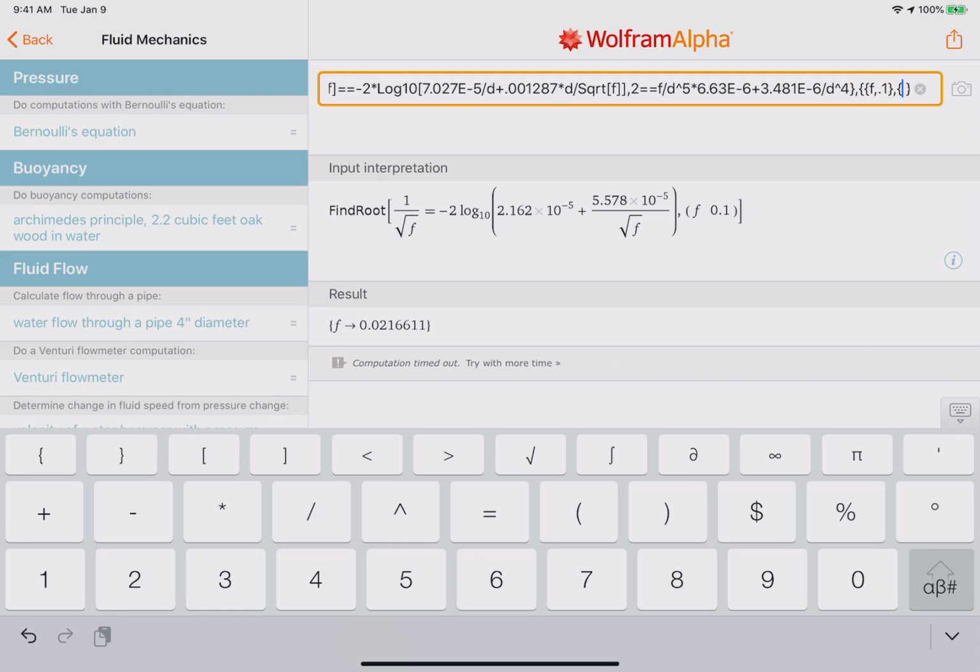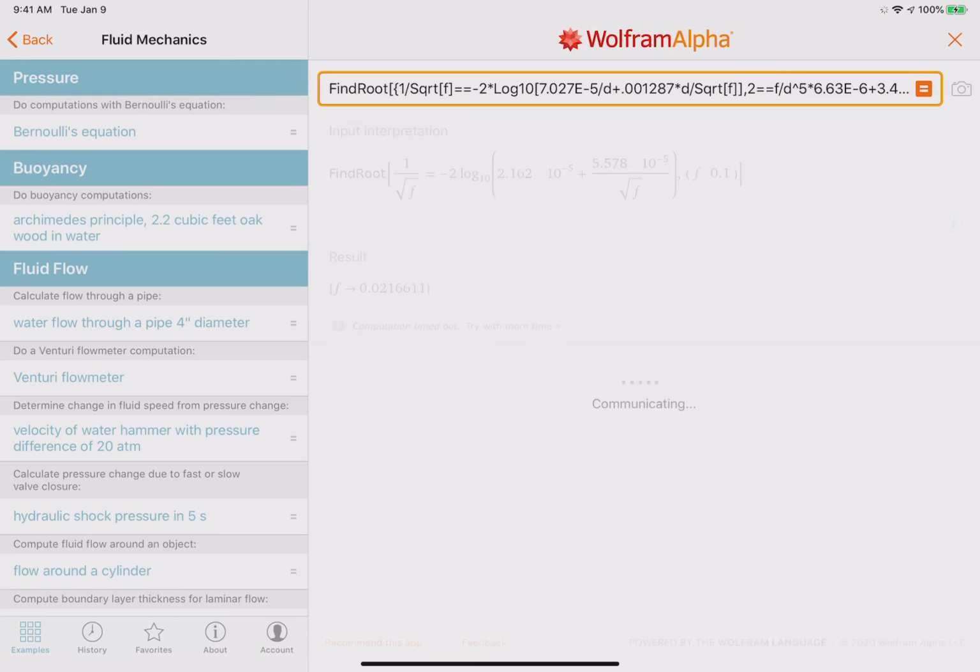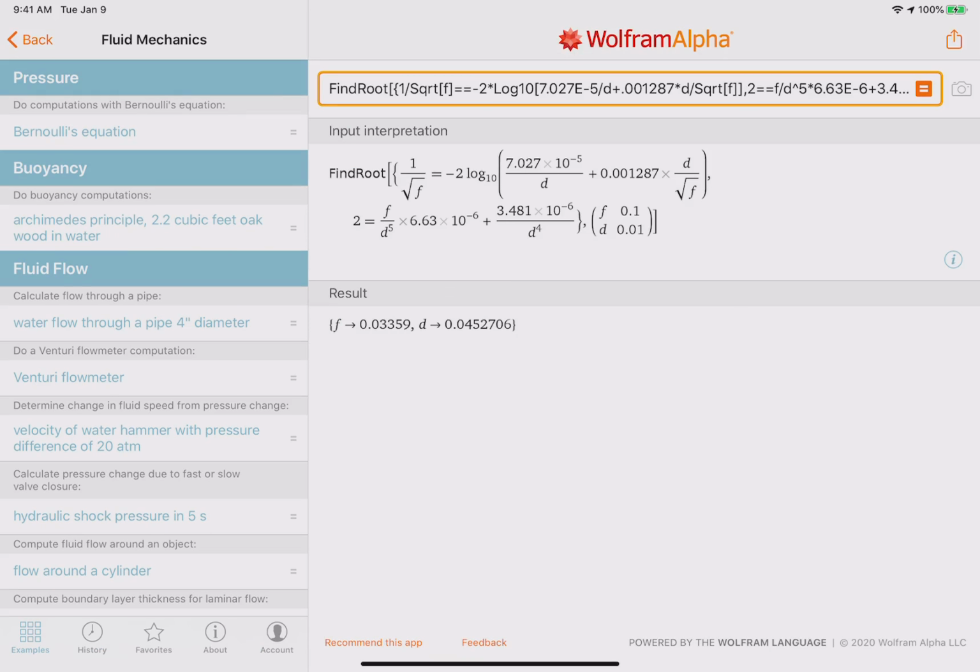And we'll use a guess for the d of, say, 1 centimeter, so 0.01. Okay, so that closes the list of variables that we're solving for and the initial conditions. So now hopefully I've entered the equation properly, and we just need to solve. Hey, first shot.